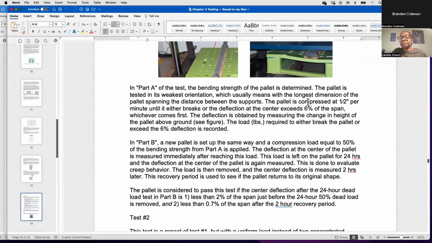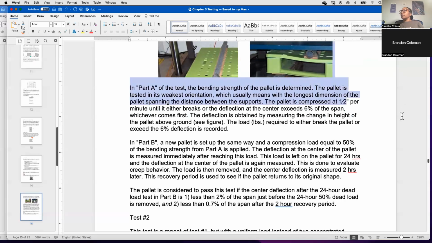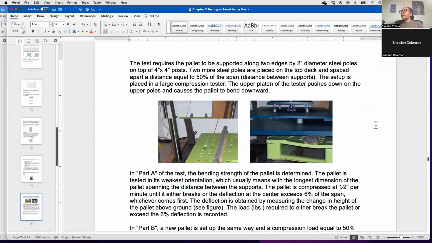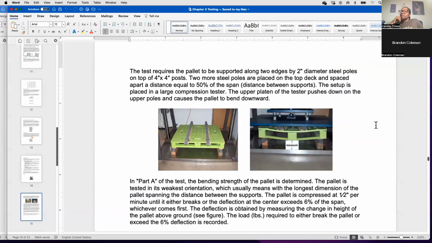Yes, Brandon? Do they mention at all what program is used to measure the deflection that's found from the testing? No, they don't. I can probably try to find that, but most of the test labs might use, say, Lancemont equipment, and Lancemont usually will provide like the whole setup, not just the compression.